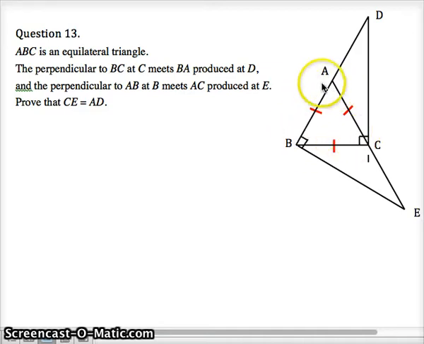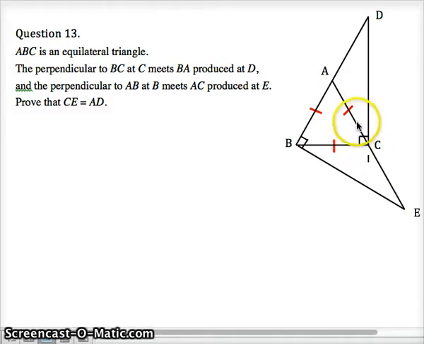And we can also see that because BA has been produced to D, this is a straight line, and if angle BAC is 60, then angle CAD would be 120 degrees. And if angle ACB is 60, therefore angle BCE would also be 120 degrees because we've got a straight line there at C.